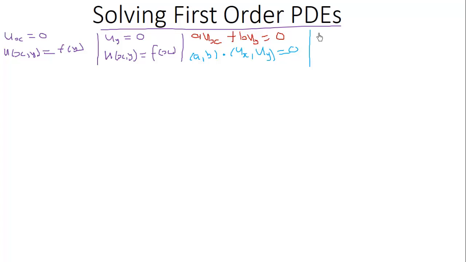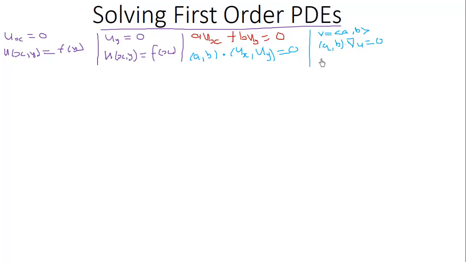Now let v be equal to the vector (a, b). Then we have the vector v dot nabla u being equal to 0.